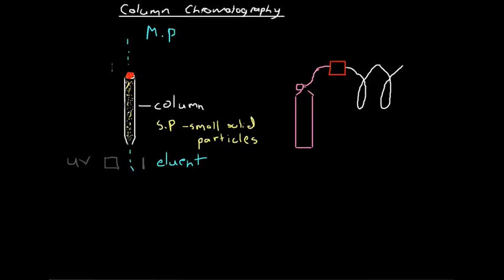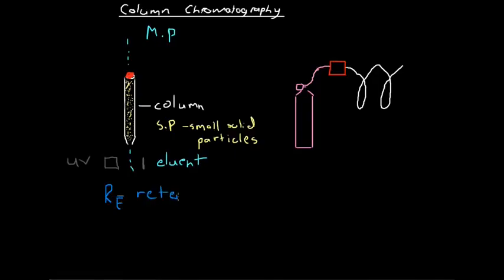So this is the broader idea of column chromatography, and there's one more factor that it's important to be aware of, and that is the idea of retention time. We know we have a retardation factor when we're talking about paper or thin layer chromatography. Well, retention time is basically the equivalent of that for column chromatography.